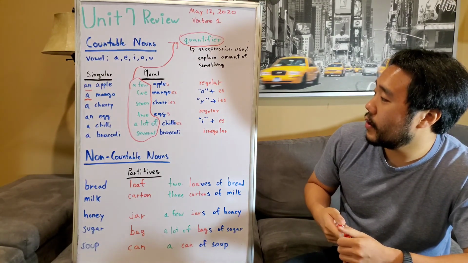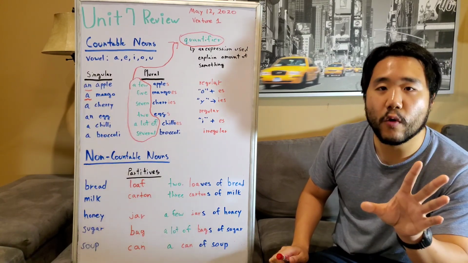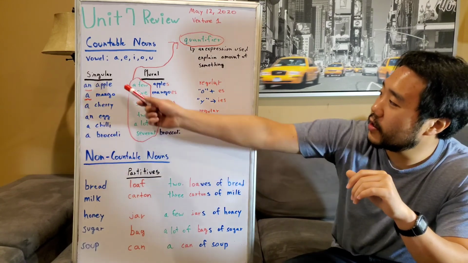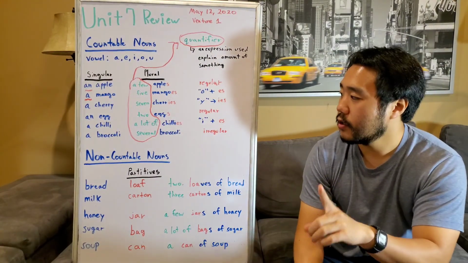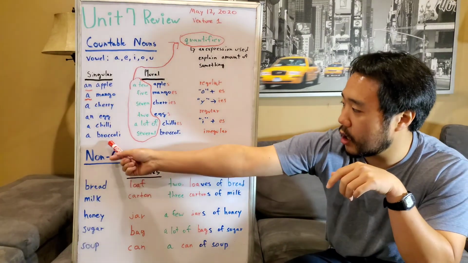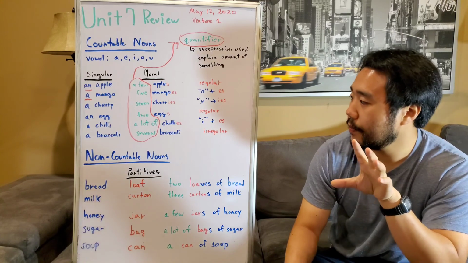And then we have something called an irregular form. So here, singular, everyone knows what broccoli is, right? If we have 1 broccoli, then we call it a broccoli. A lot of people make this mistake.